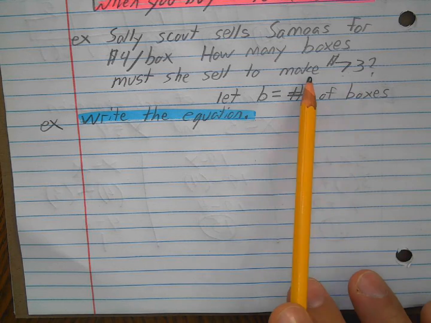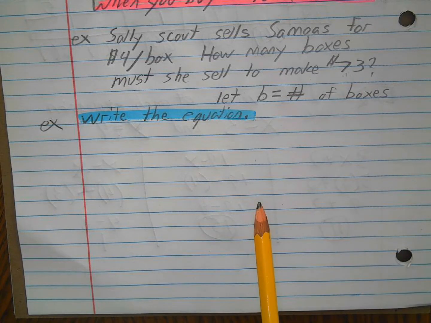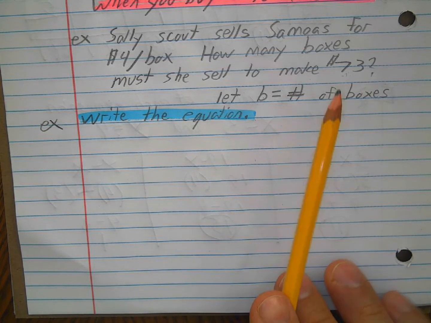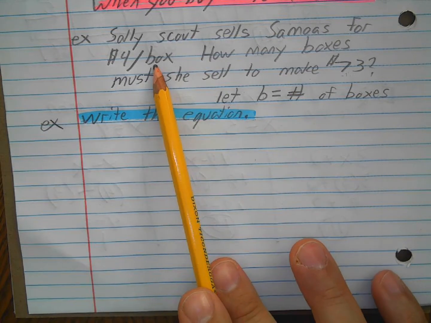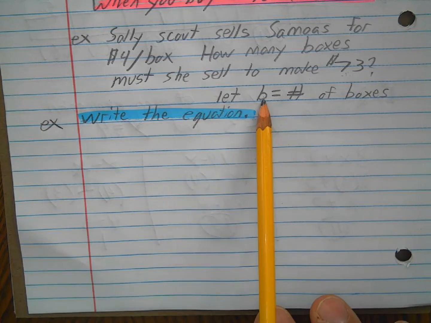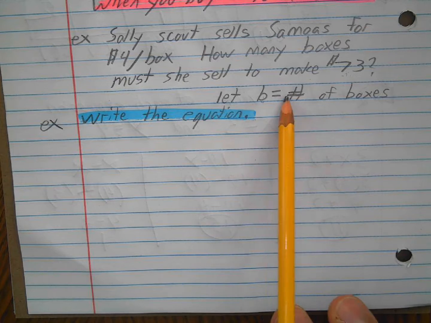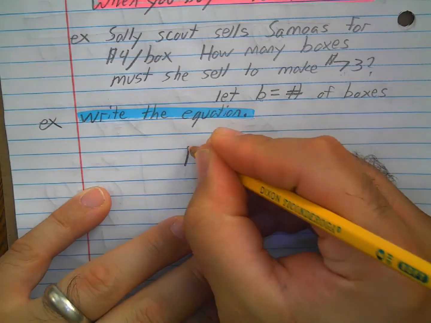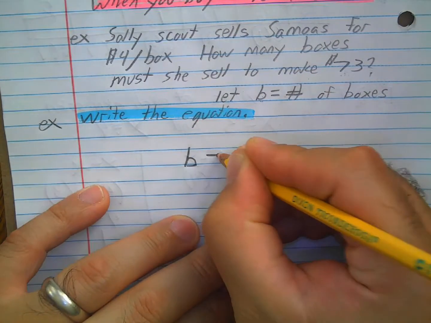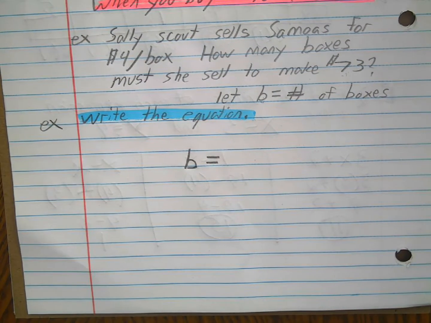So she wants to make that $73. So since we're talking about boxes, we're going to use B, the variable B, to represent the number of boxes. All right? So I'm going to go ahead and write that down. B, all right?